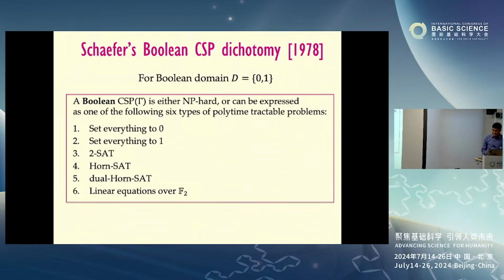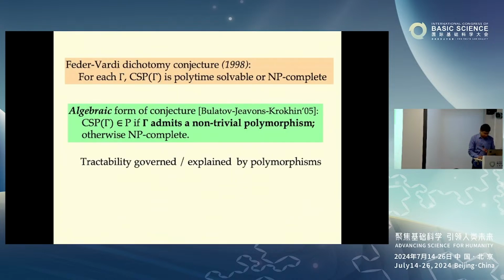So he basically said that these are the only easy cases, everything else is hard. If you have in your class seen algorithms for 2 sat, Horn sat and Gaussian elimination, in some sense it says that there are no other algorithms for Boolean problems. So that was the story, but the general conjecture said this holds for every domain.